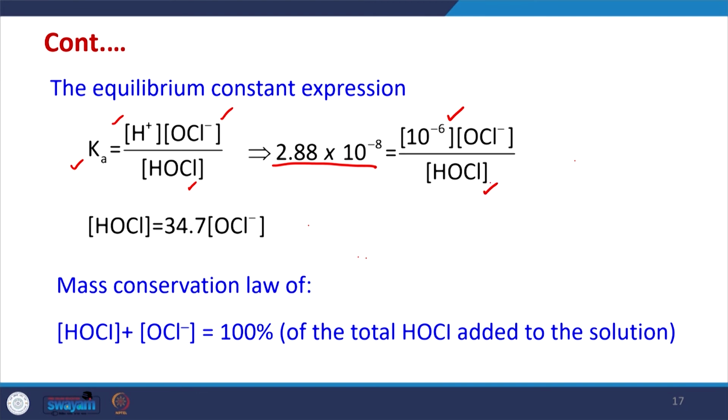The HOCl concentration we have to find out, and the relationship between both is now known. The total mass conservation law tells us that HOCl plus OCl⁻ should be equal to 100% of the total HOCl which has been added into the solution, which is 10 milligram per liter in the present case.